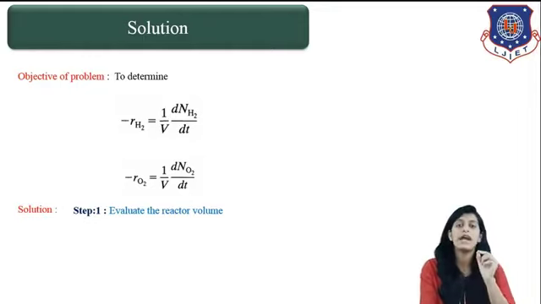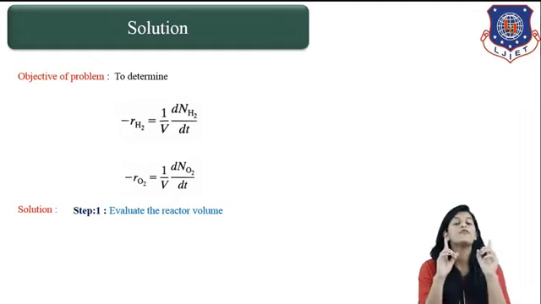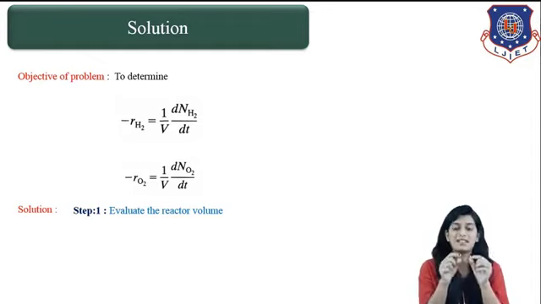We need to find the exact volume of the given reactor. If you recall the problem statement, the length and diameter of the reactor are given to us, and it is also said that the reactor is in the form of a cylinder.